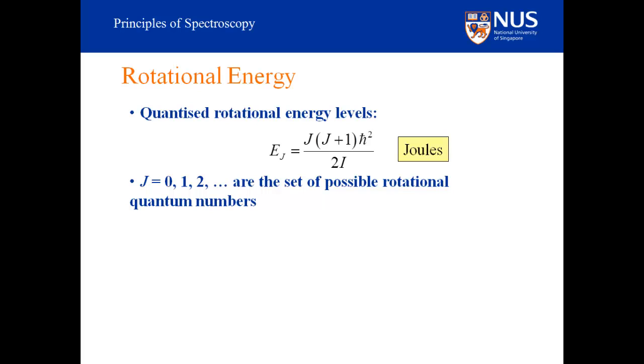When J is equal to 0, our expression for the rotational energy tells us that the energy is indeed 0. There is no 0-point energy in this system. If it has 0 rotational energy, it means that it is not rotating. Is this a problem though? If you know that it is not rotating, you know where it is.